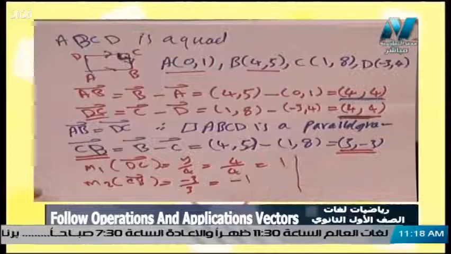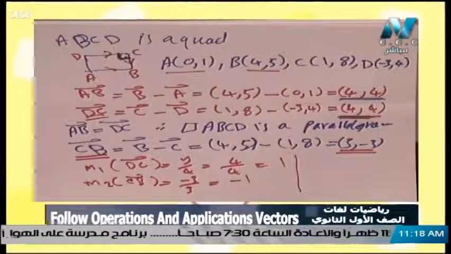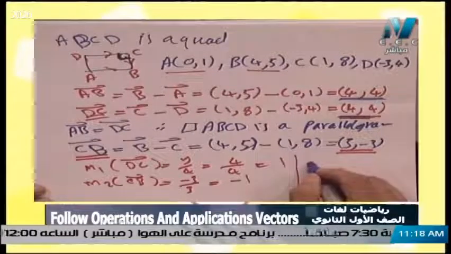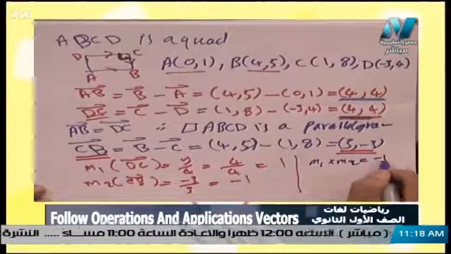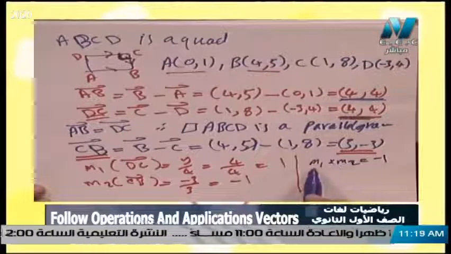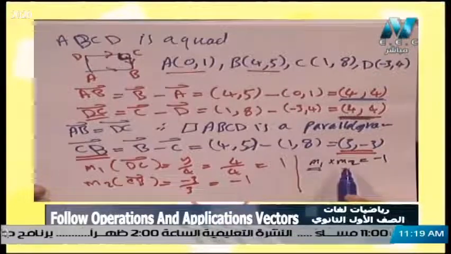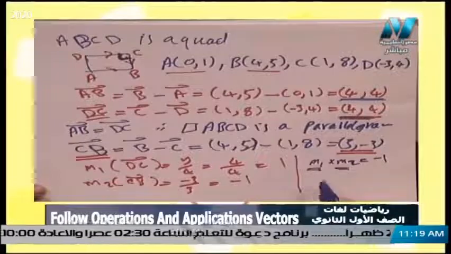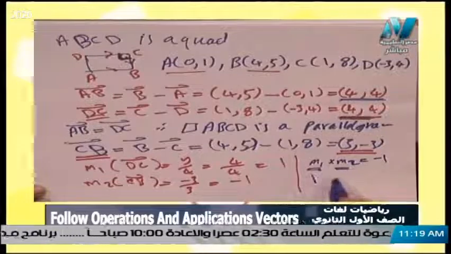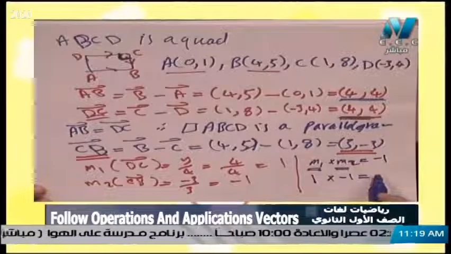We have known before that if m1 multiplied by m2 equals negative 1, then the line or the vector m1 is perpendicular to the vector m2. The first equals 1 and the second equals negative 1, and the product is negative 1.